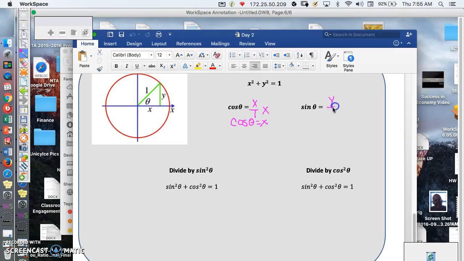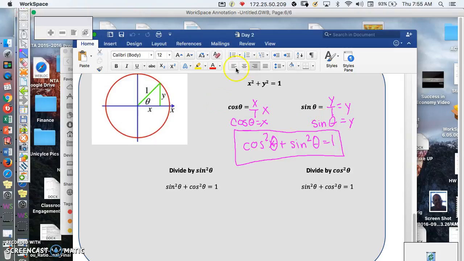Sine of theta, opposite over hypotenuse, is y. So the sine of theta equals y. So really, cosine squared of theta plus sine squared of theta, oops, I should put theta there, equals 1. And this is like a squared plus b squared equals c squared, but it's known as our Pythagorean identity there.